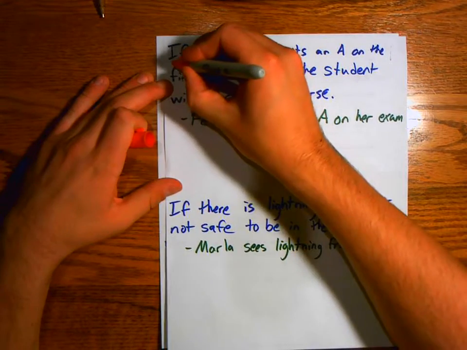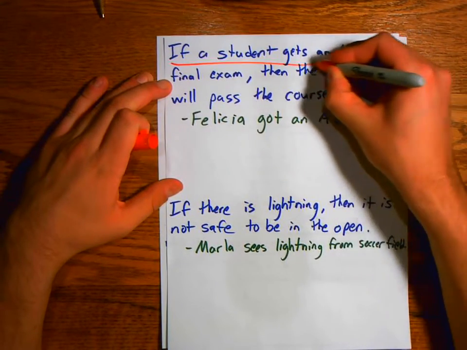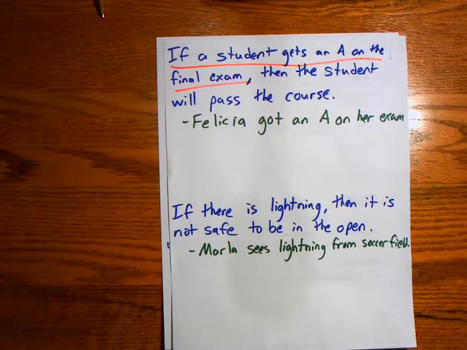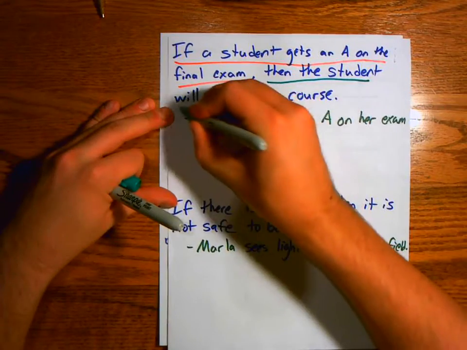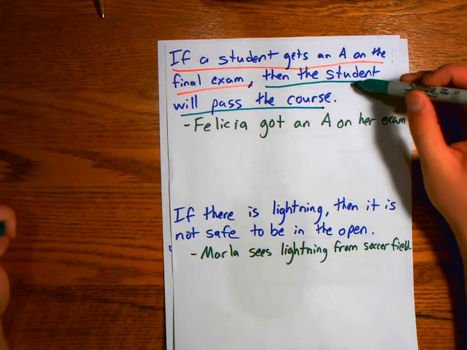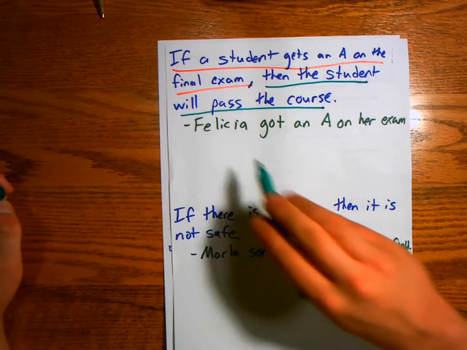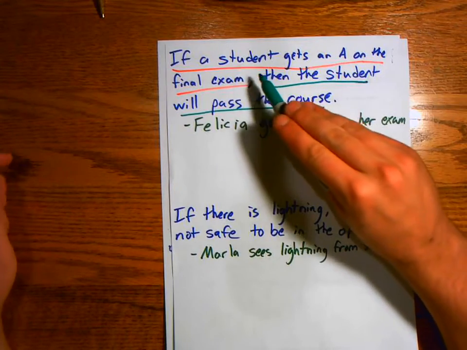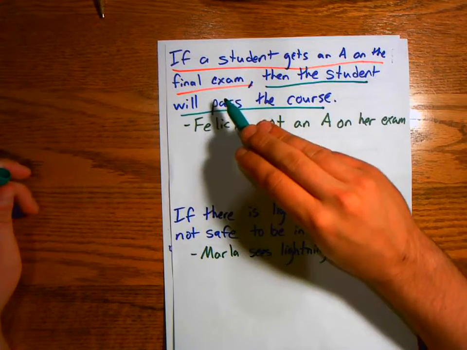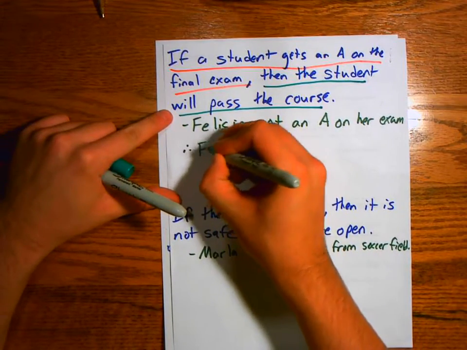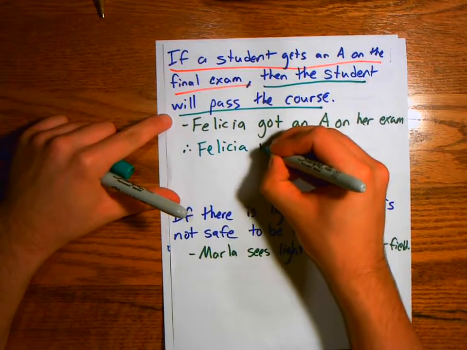If the hypothesis is that a student gets an A on the final exam, that must mean the conclusion is that the student will pass the course. So we have a true hypothesis and a true conclusion. Felicia is a student in the class, so if Felicia gets an A on her final exam, therefore, Felicia will pass the course.